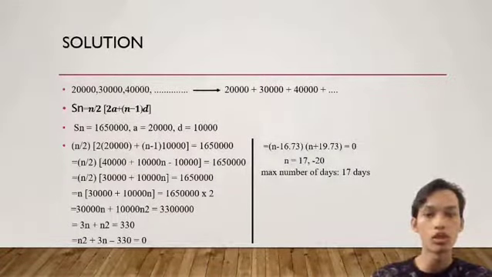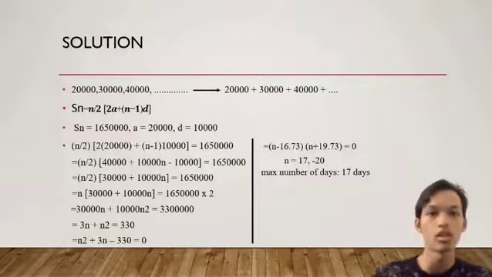The corporation can pay 1,650,000 ringgit as fee for this extension and more. So we have to write this quantity as a series: 20,000 ringgit plus 30,000 ringgit plus 40,000 ringgit and so on. And the sum of the fee quantity is 1,650,000 ringgit.